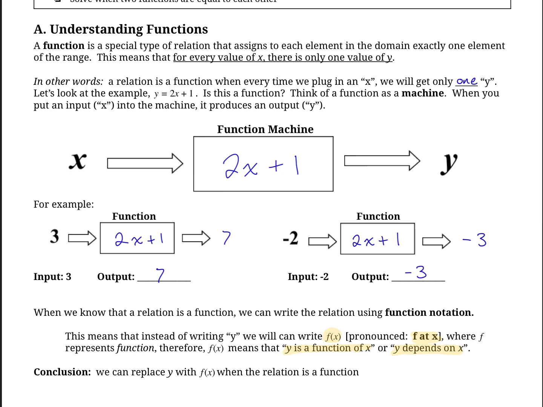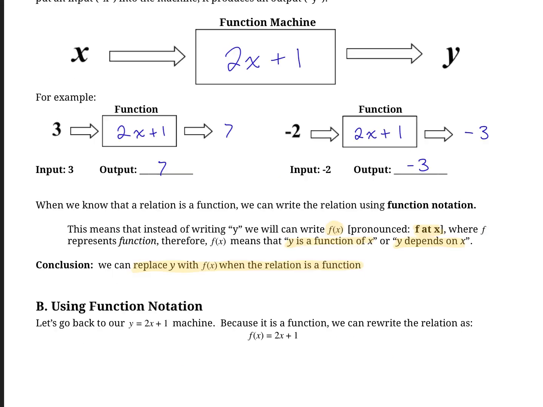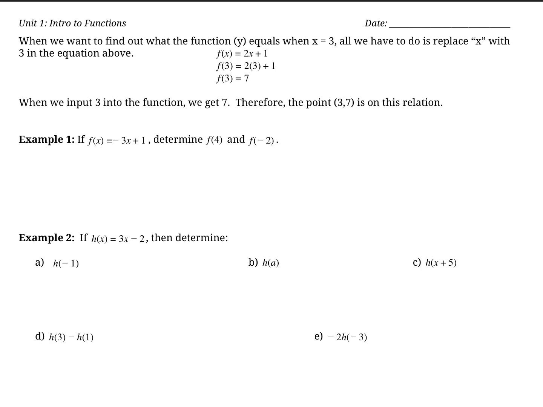So every time we have a function, we can always just replace y with f of x. Looking back at our example, y equals 2x plus 1, this was in fact a function, so we can rewrite it in function notation: f at x equals 2x plus 1. Now remember, this is the same thing as y equals 2x plus 1. So our function is f at x equals 2x plus 1.